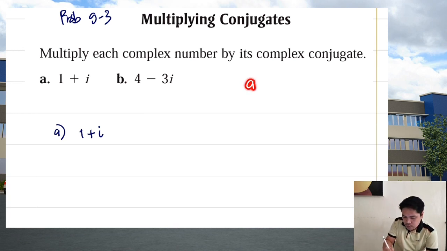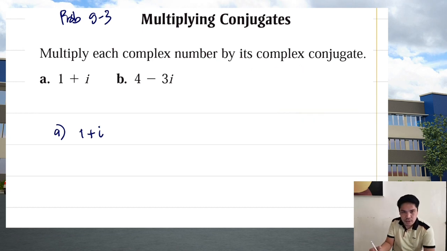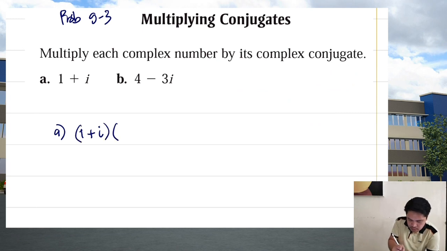If we have a plus bi multiplied by a minus bi, the result is just a squared plus b squared. Diba? So if we multiply 1 plus i by 1 minus i, the result is just 1 squared, okay, plus 1 squared. The result is just 2.